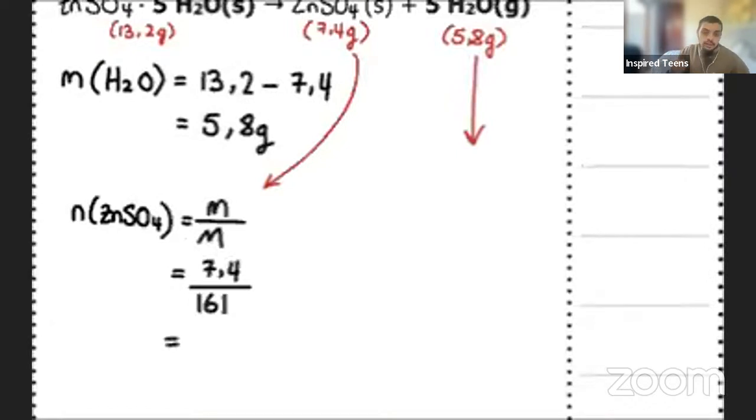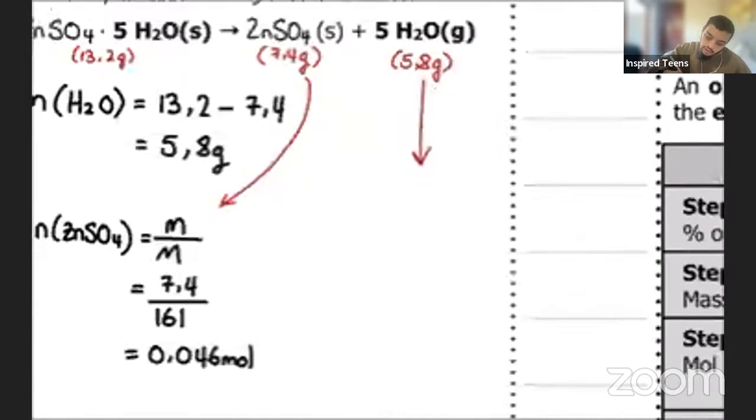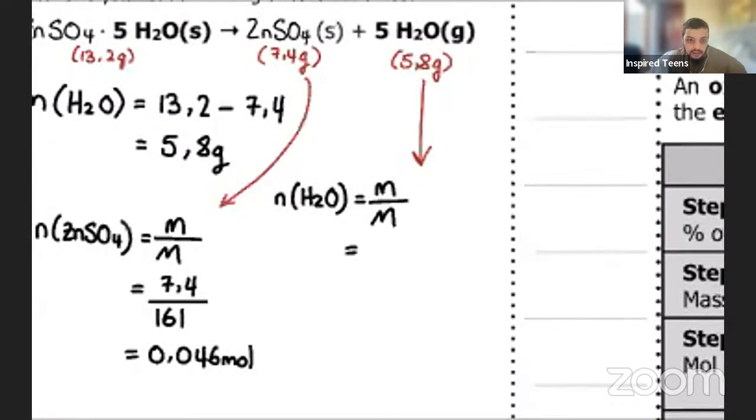When I do this calculation, I get ZnSO4's moles as 0.046 moles. And now I'm going to calculate the moles of H2O as well, using m over molar mass. How do I do this? Its mass is 5.8.